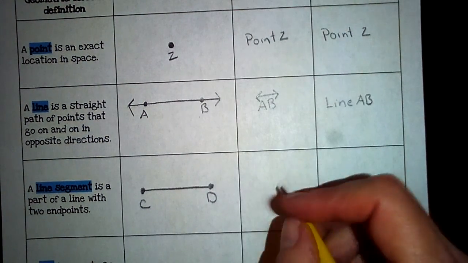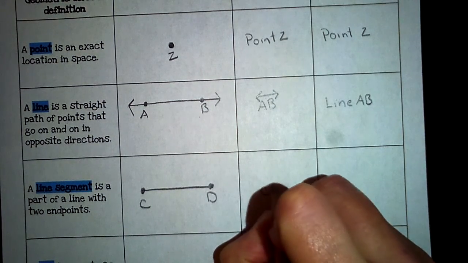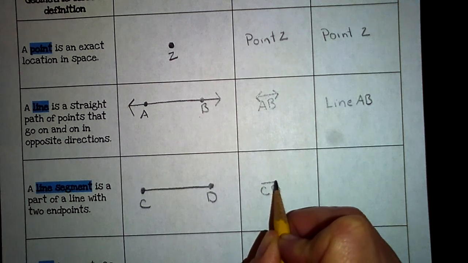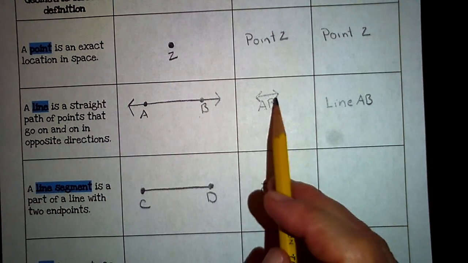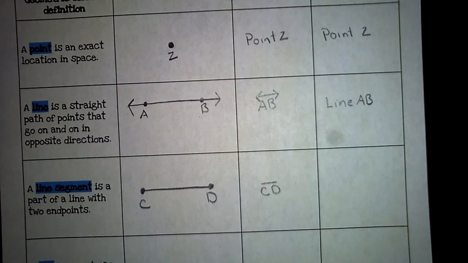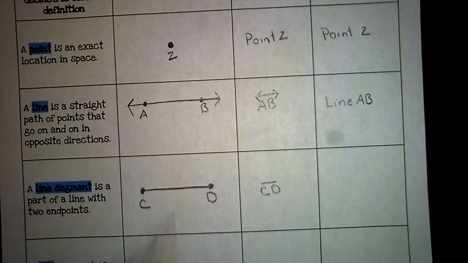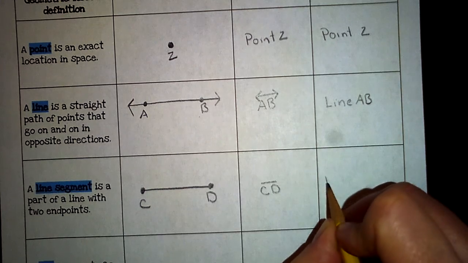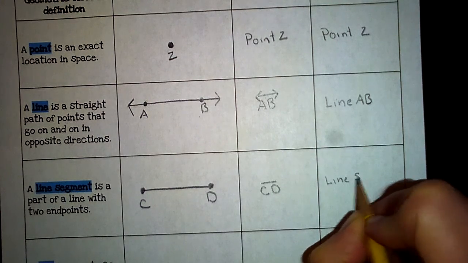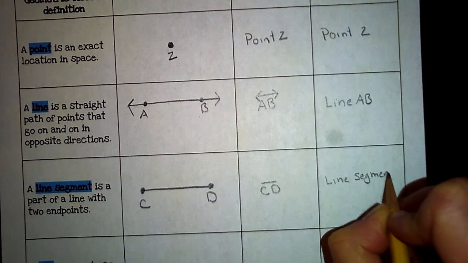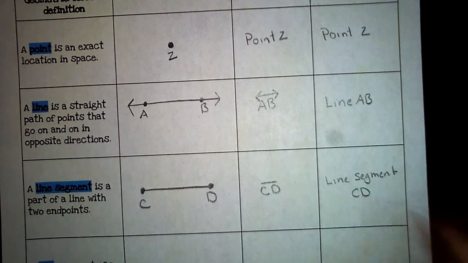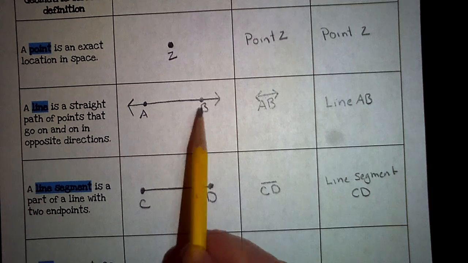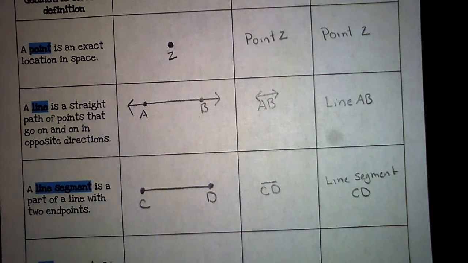We label our line segment like this. So we know it's a line segment, not a line. It doesn't have arrows at the end. And again, if I wrote this on the whiteboard and asked you to tell me what it was, you would say line segment CD. And again, you could call it DC. You could call this line BA.